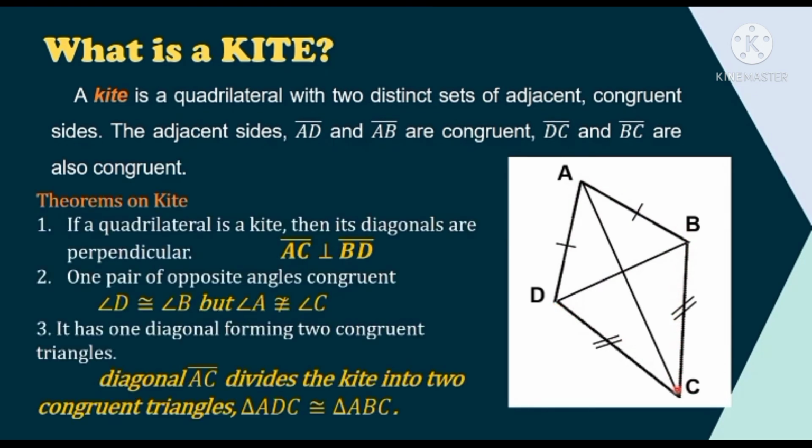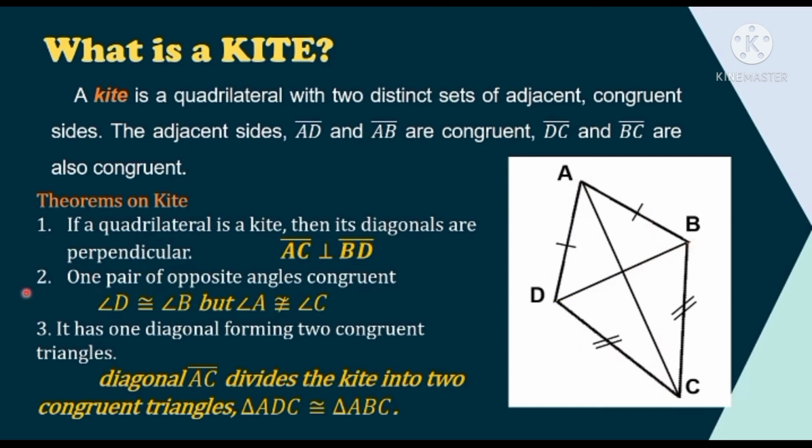These are theorems on kite. The first theorem states that if a quadrilateral is a kite, then its diagonals are perpendicular. So in kite ABCD, diagonals AC and DB are perpendicular.